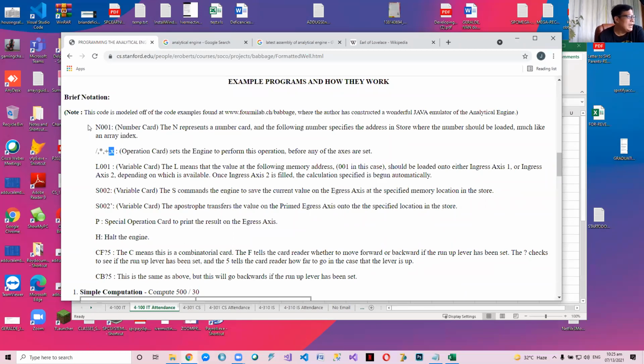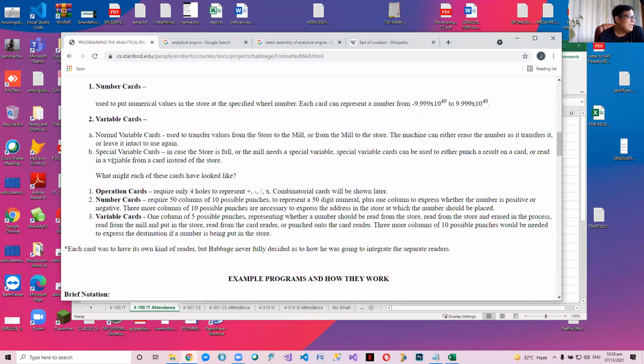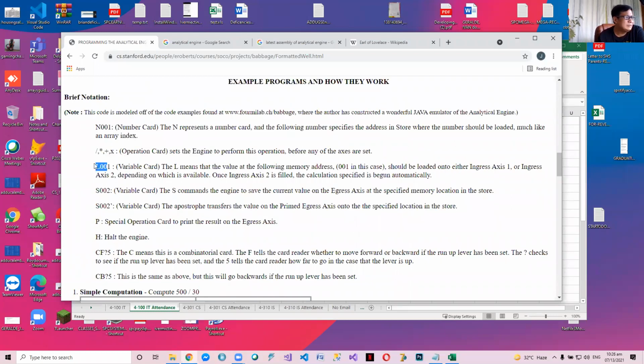L is an operation card. L stands for load. L001 is take a value from the store and transfer it to the ingress axis, either 1 or 2. The first load will go to axis 1 and the second load will go to axis 2. Do you follow?